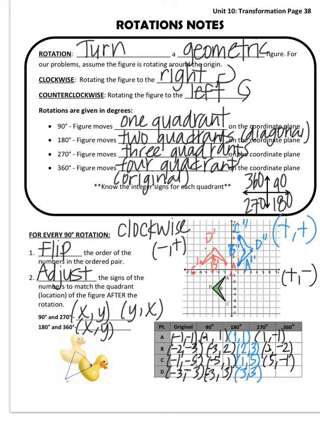So 1, negative 1, 3, negative 2, 5, negative 1, and 3, negative 3. And be sure that you label your points. So I'm putting 3 primes this time.